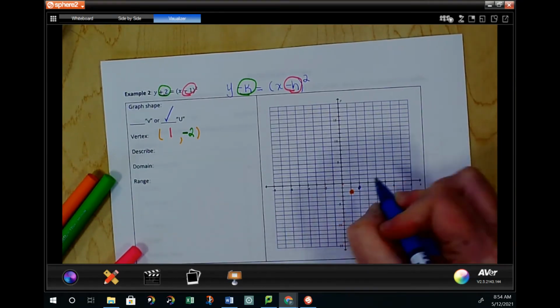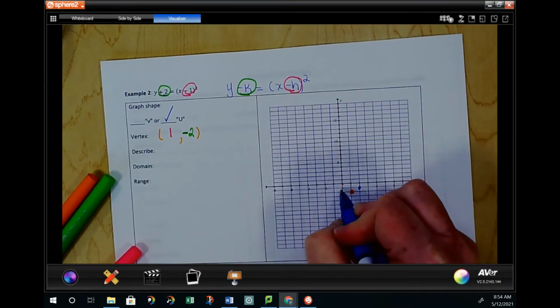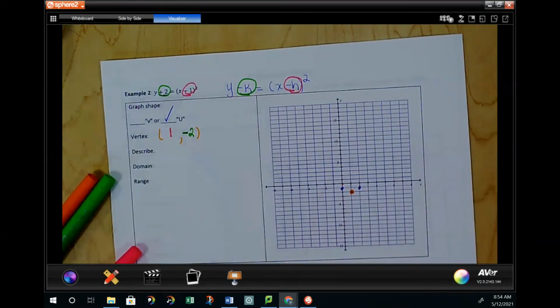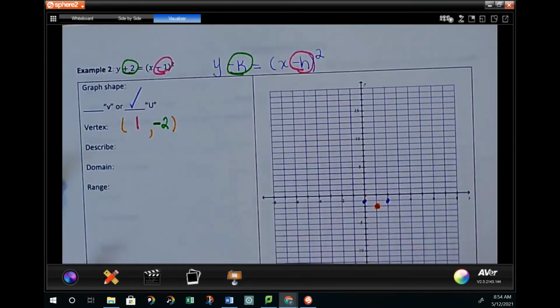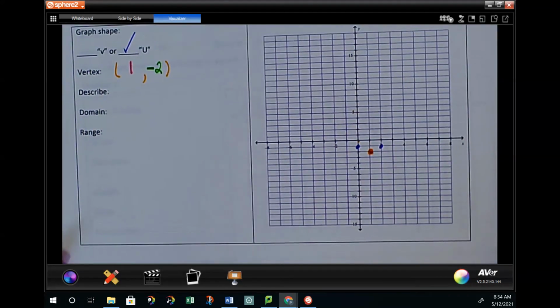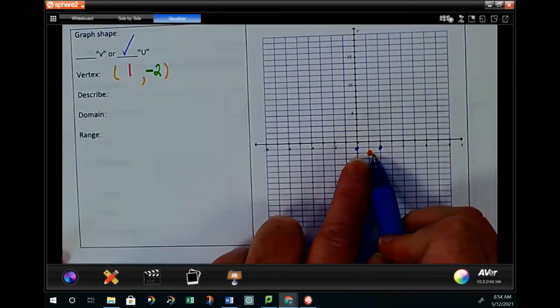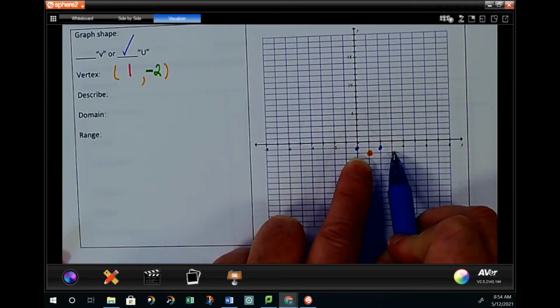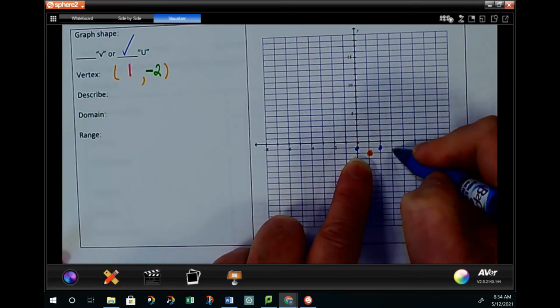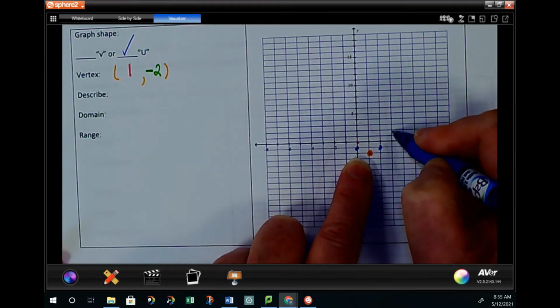When I move over 1 to the left, I move up 1, because 1 times 1 squared is positive or negative. I'm going to make this a little bigger so we can see it easier. When I move over 2 to the left, 2 times 2 is 4, so I have to go up 4: 1, 2, 3, 4.